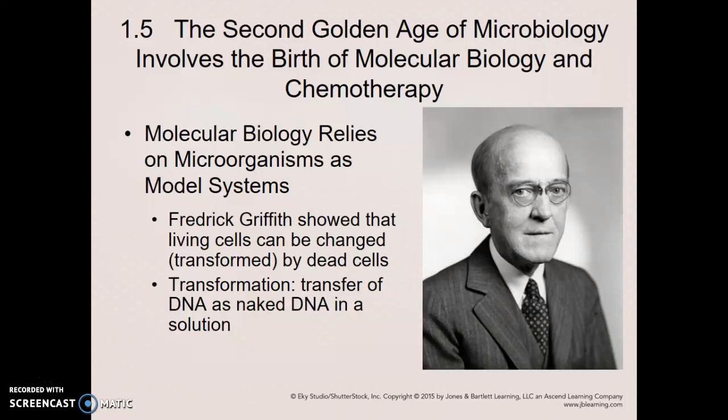He said that transformation occurs when a dead cell can transfer information to the living cell, and the living cell can then use that information. What we now know is that DNA from a dead cell is taken in by a living cell as naked DNA in a solution.